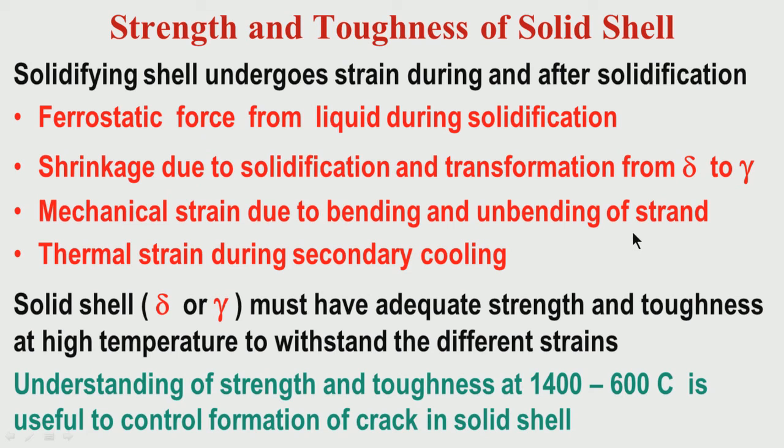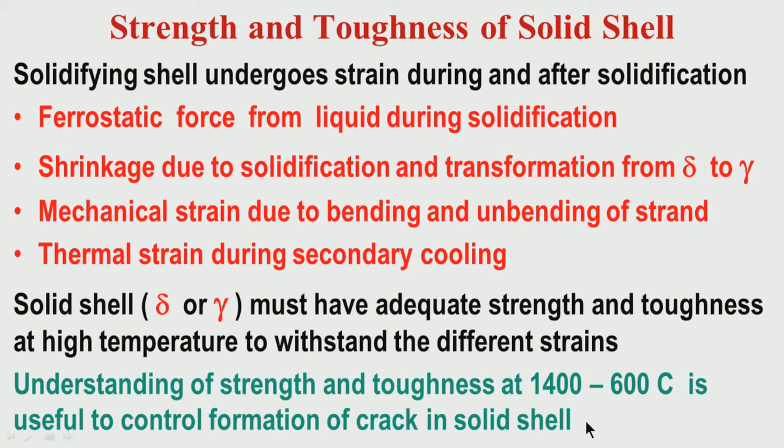The solid shell has to withstand those strains, otherwise there will be crack formation, there will be formation of some defects if the shell cannot withstand these strains. So this understanding of strength and toughness at high temperature is very important to control formation of cracks in the solid shell. The solid shell should have adequate strength and toughness.